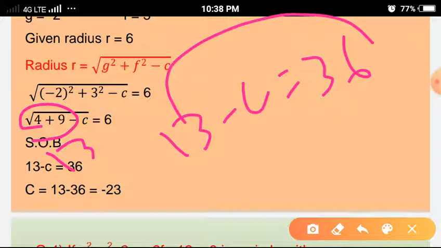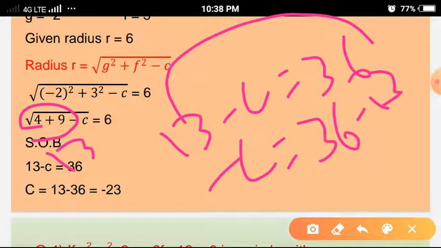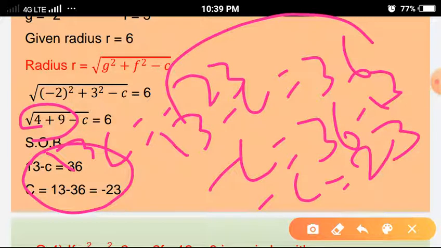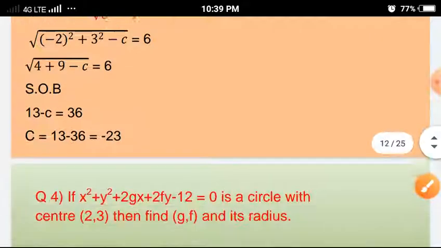By shifting this value, minus c is equal to 36 minus 13, then minus c is equal to 23, then c is equal to minus 23. Here we get c is equal to minus 23.